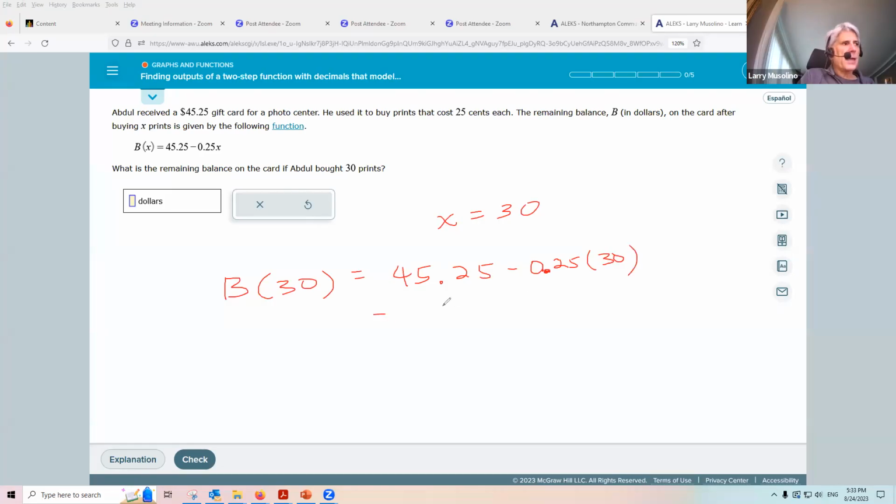And I'm going to work this out on my calculator to get an answer. And I'm going to type that answer here. All right. And if I did that, I'm going to do this on my calculator here quickly just to get an answer. So when I work this out, I'm getting the answer 37.75.